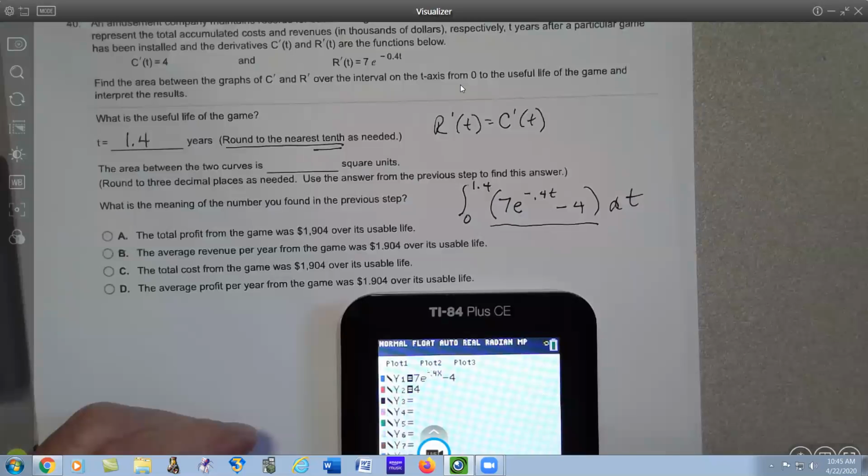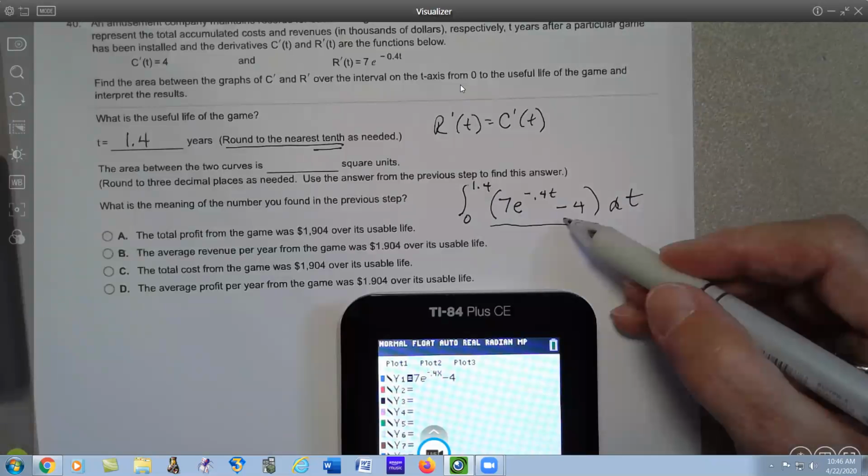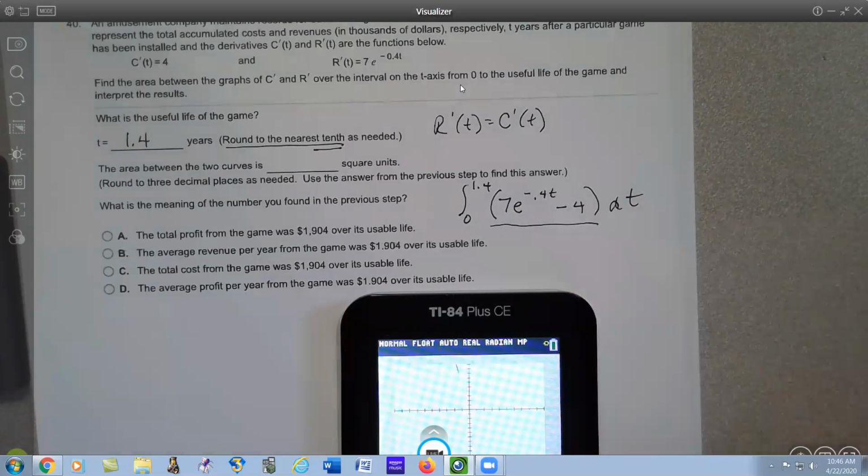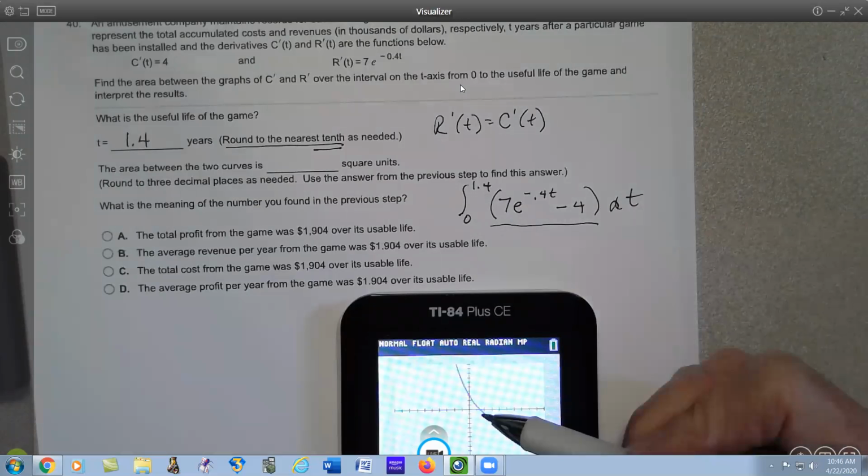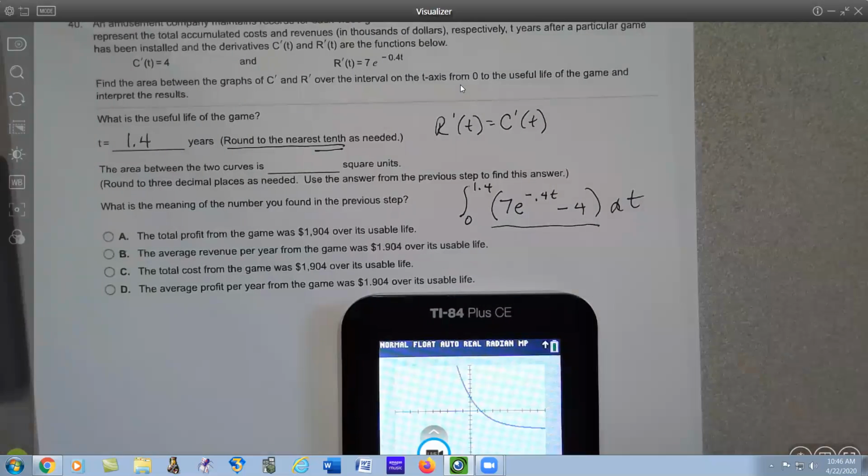So I've got that. Let me ask it to graph. And it actually hits at 1.4 down here as well. Just wrote on my calculator. Second calc, number 7, 0, 1.4.